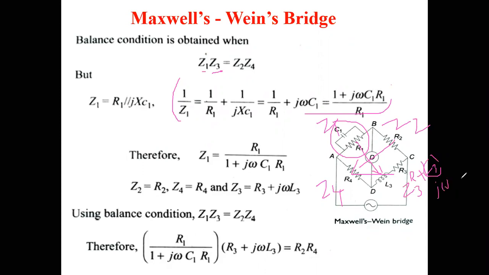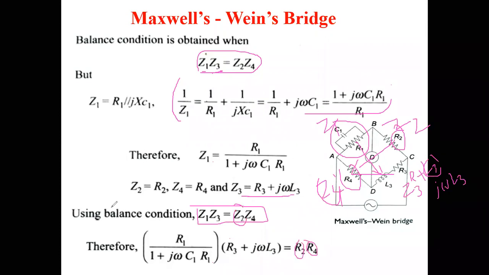So Z3 is R3 plus J omega L3, and Z2 is R2, and Z4 is R4. Now substituting in the balanced equation, in place of Z1 we place R1 by 1 plus J omega C1 R1, and in place of Z3 we place R3 plus J omega L3, which is equal to R2 times R4.